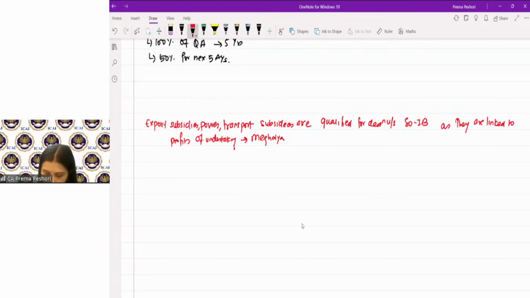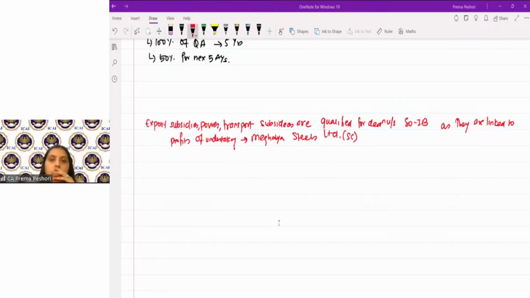Meghalaya Steels Limited, Supreme Court. Okay.